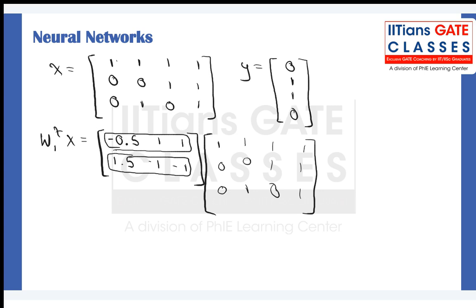So what will be the output of this one? This is a 2 by 3 matrix and this is a 3 by 4 matrix, so the output will be a 2 by 4 matrix.